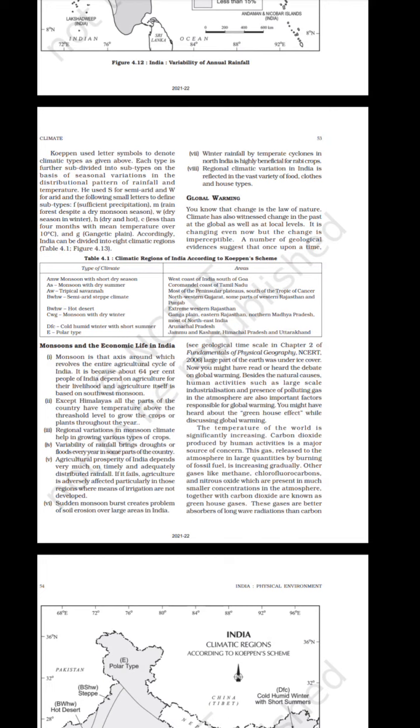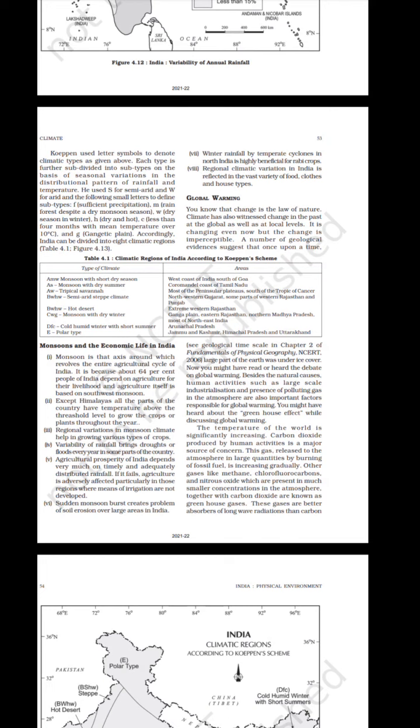BShw, semi-arid steppe climate, north and western Gujarat, some parts of western Rajasthan and Punjab. BWhw, hot desert, extreme western Rajasthan. Cwg, monsoon with dry winter, Ganga plain, eastern Rajasthan, northern Madhya Pradesh, most of northeast India.